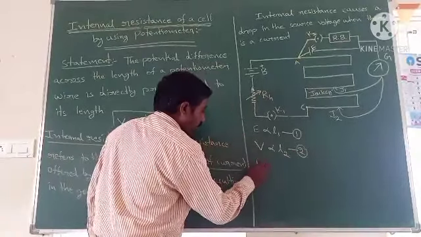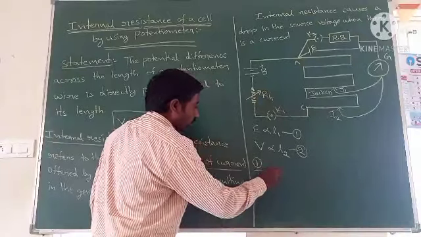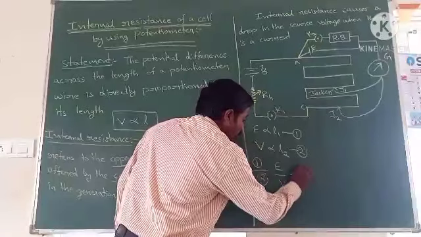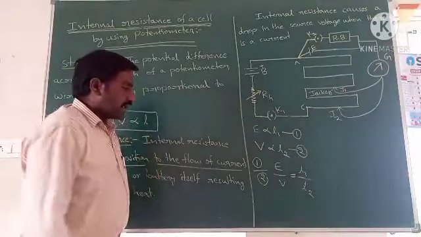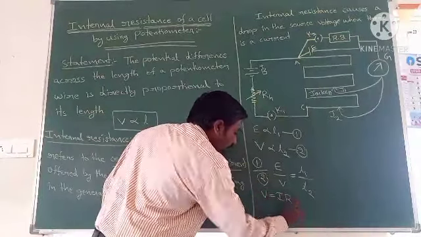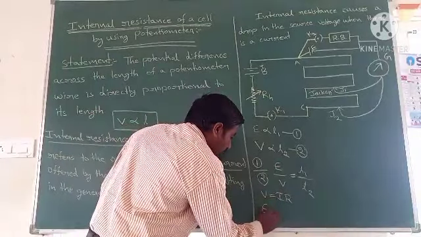Now from equations 1 and 2, equation 1 divided by equation 2 gives E by V equals L1 by L2. According to Ohm's law, V equals what? V equals IR, Ohm's law. And E can be written as what?